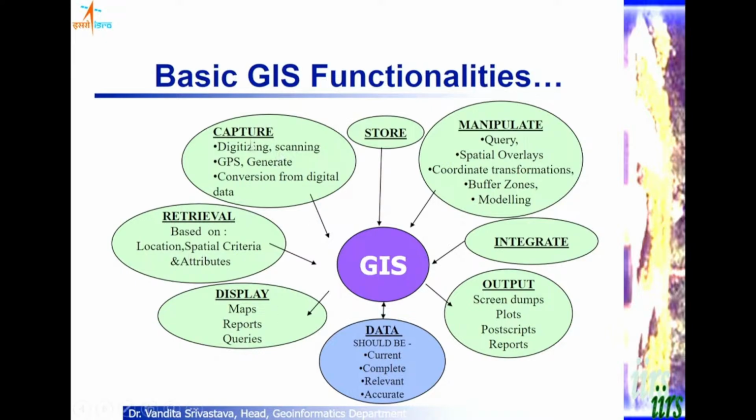It should be able to capture through digitizing, through scanning, and nowadays even auto digitization, where algorithms support it. If your scanned maps are not too complicated, it can be used, or it can be used in a semi-automated digitization manner. And you can also capture GIS information using GPS, as I already told.